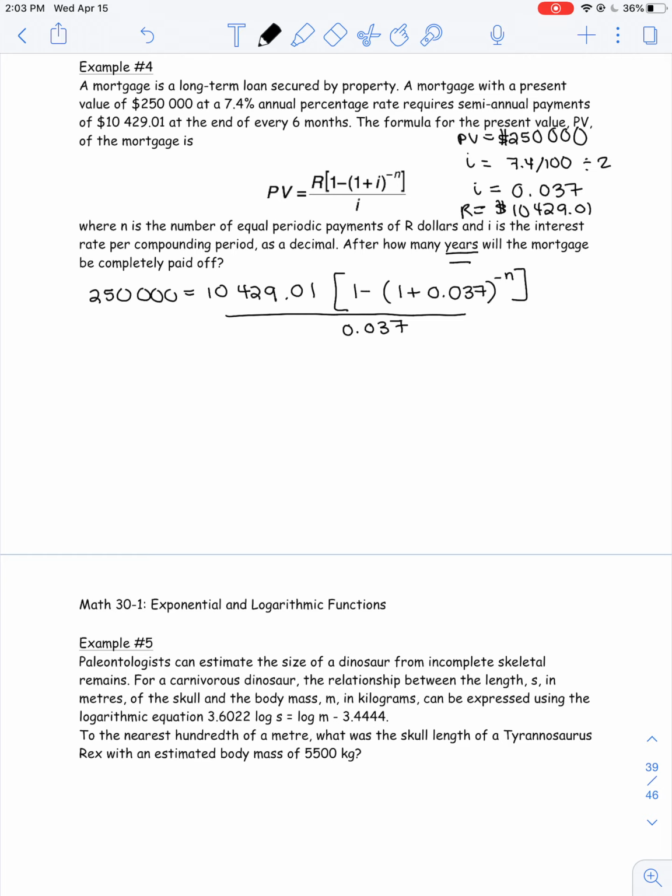We're going to start by multiplying both sides by 0.037. So you're going to multiply the right side, 250, and the left side by 0.037. So I get 9,250 when I multiply both sides by it.